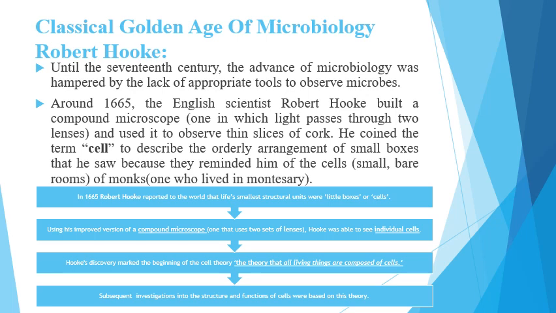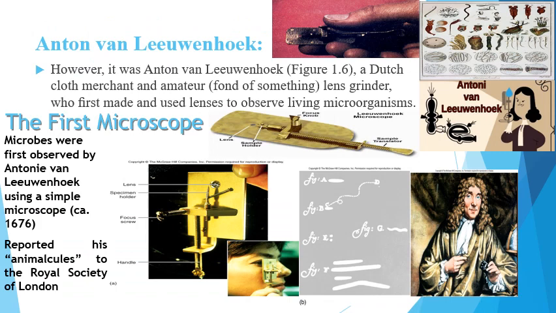On the basis of these discoveries, he was able to investigate the structure and function of cells. The other prominent scientist of this age is Louie Van Hoek. He was a scientist who observed microbes through a simple microscope.